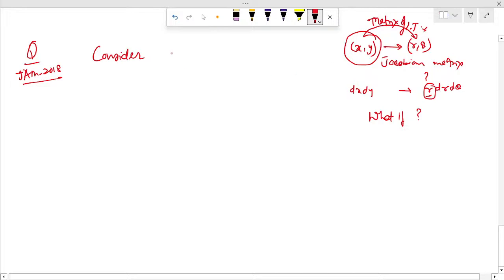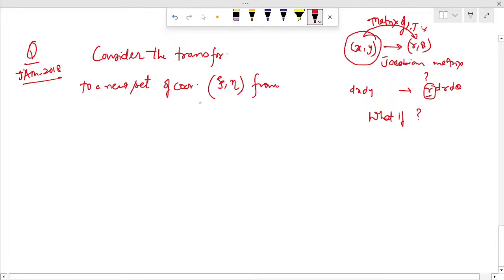Let us see how. Consider the transformation to a new set of coordinates, zeta and eta, from rectangular coordinates xy, where zeta is given by 2x plus 3y and eta is given as 3x minus 2y.